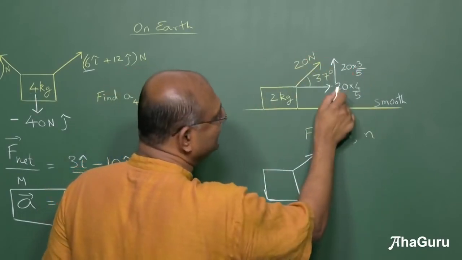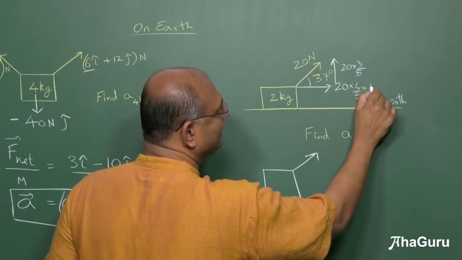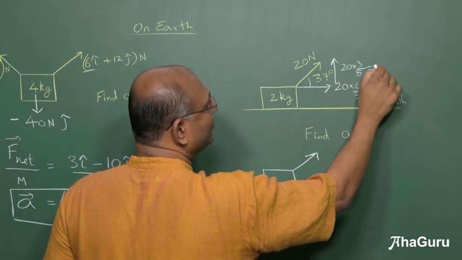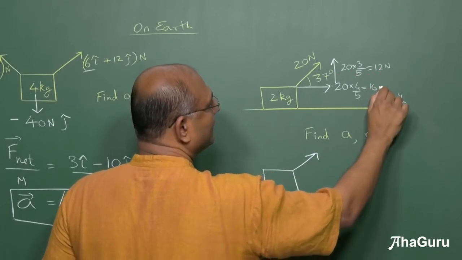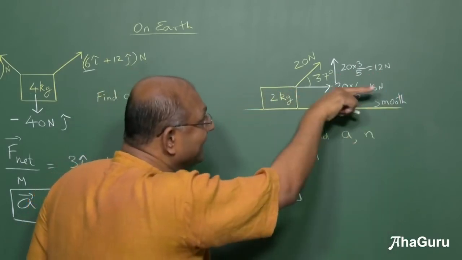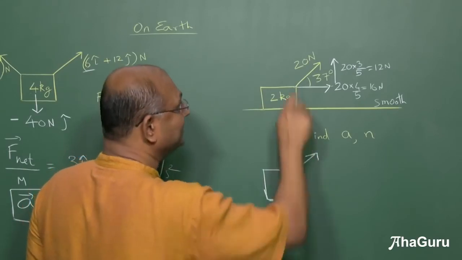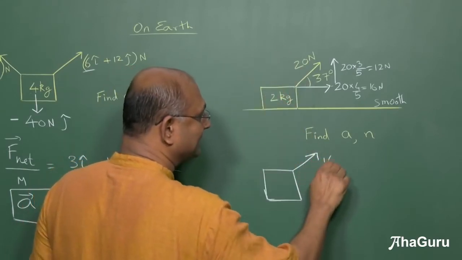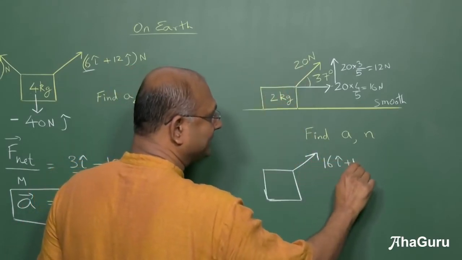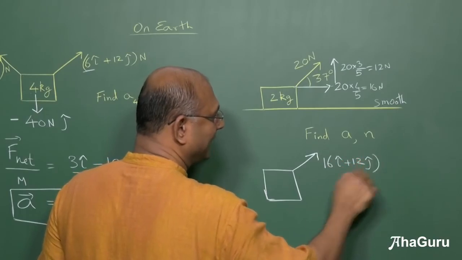I can calculate this: 4 into 4, 16, and then 4 into 3, 12. So 16 i cap, 12 j cap. Instead of writing 20, I will write this as 16 i cap plus 12 j cap.